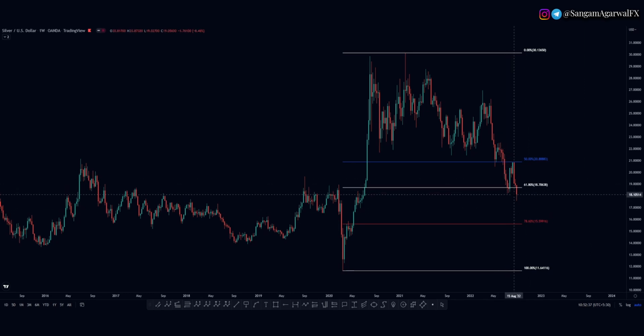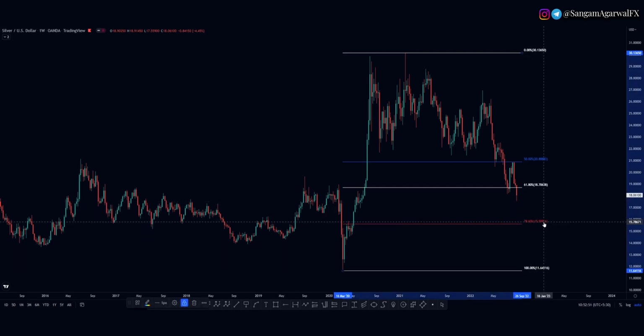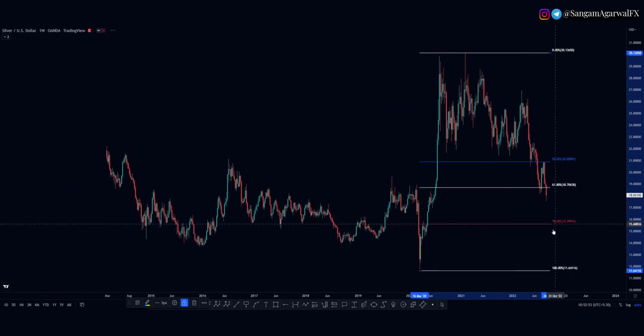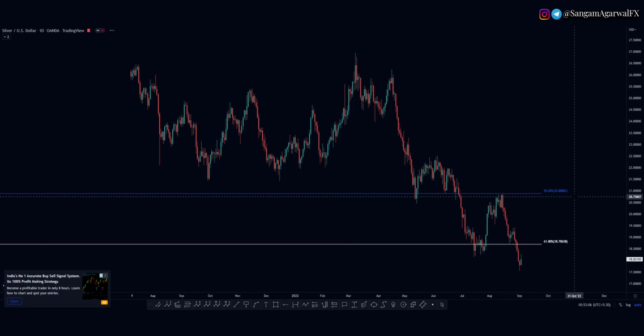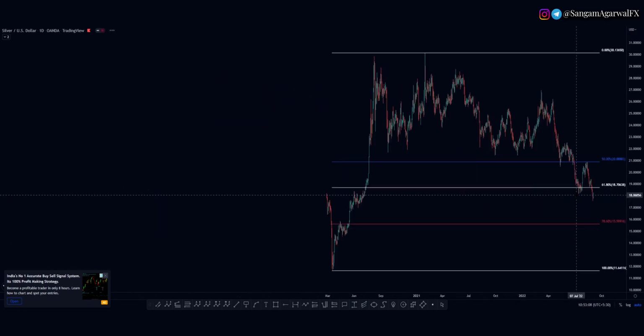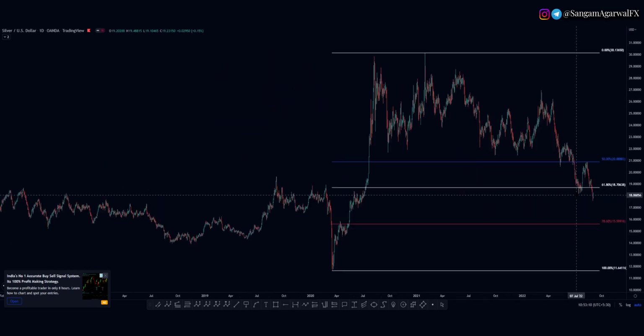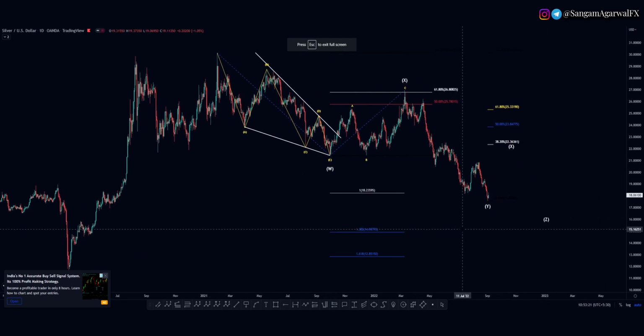First time it showed support there and went up, but this came back. So if a new low comes, the next target will be the 78% retracement. But when you go to the daily time frame and draw Elliott wave counting, then everything becomes clear.